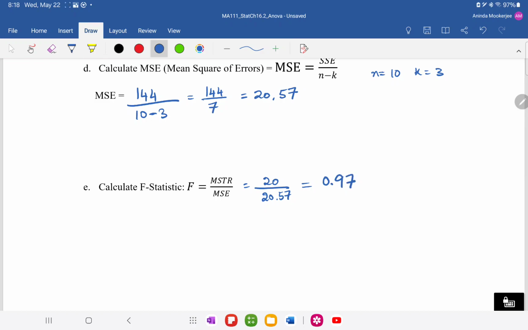All right, and then you can go ahead and perform a hypothesis test that the question will ask you to perform at the 5% significance level. But keep in mind, the test is always going to be a right tail test. F distributions are right skewed distributions, therefore always a right tail test. All right, right tail test, and you will need to find the critical value.